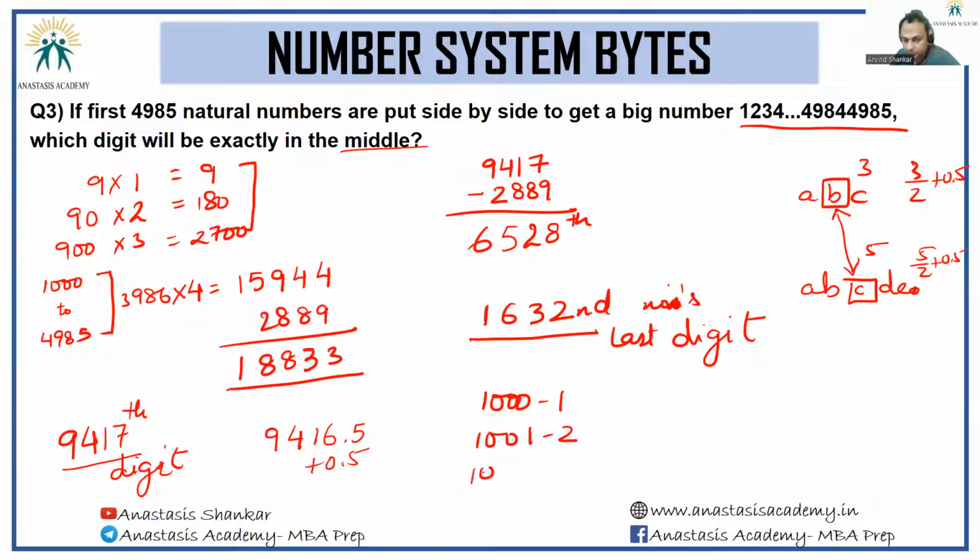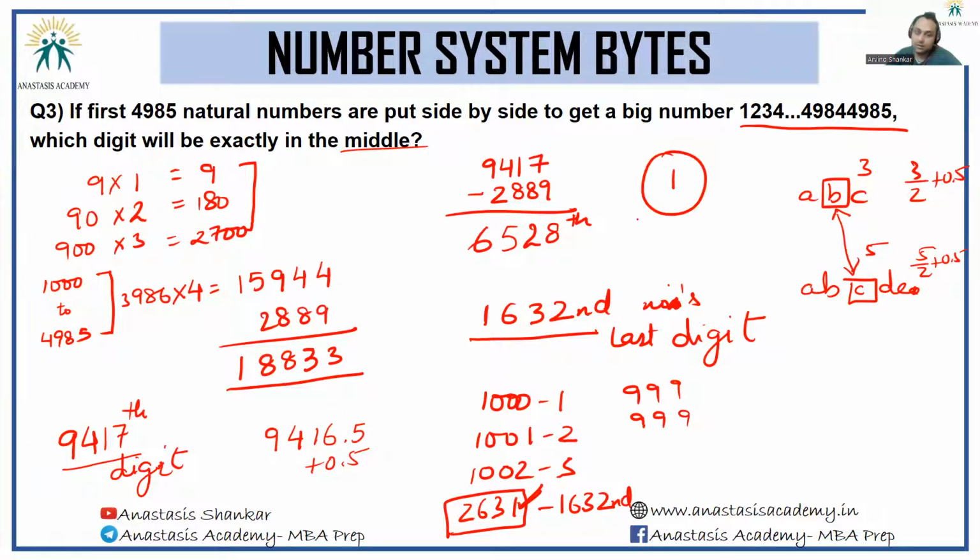Whatever number you try to identify, the difference between these two is always 999. So if I'm looking for the 1632nd number, it is going to be 1632 plus 999, or 2631. The last digit of this one is the answer to this question.